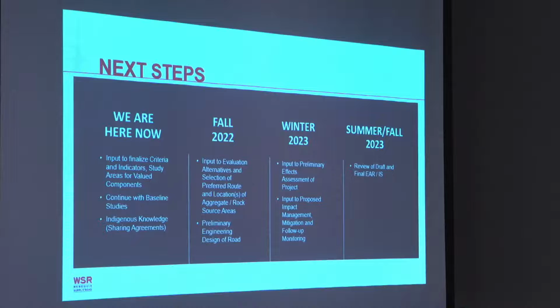So that changes and gets more detailed as we move through the process. And then summer, fall 2023, there'll be the review of the final document, which is the document that goes to the provincial government and the federal government, the environmental assessment report and the impact statement as well.